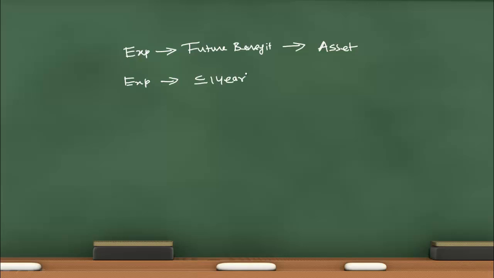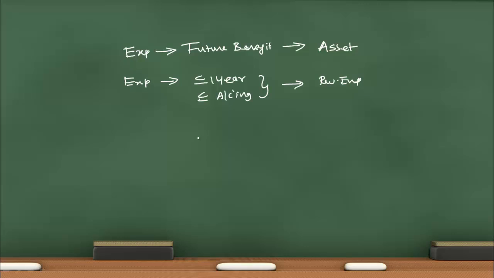Students, understand, any expense which is going to give future benefit will be called an asset, right? And any expense where the benefit will be consumed within 1 year, or I would say within the accounting period, will be called a revenue expense.